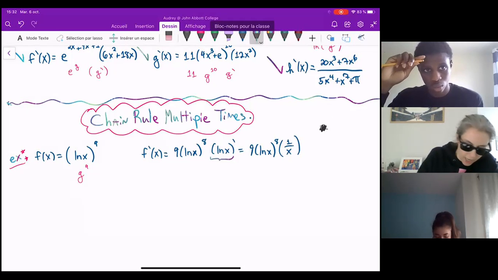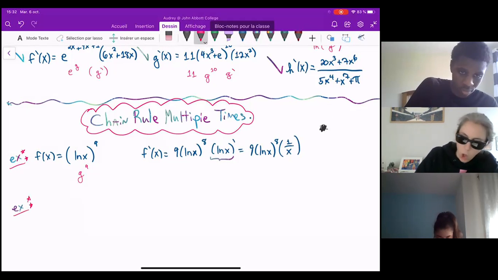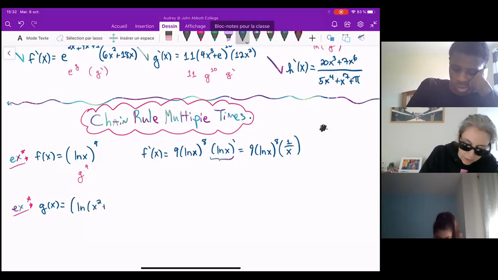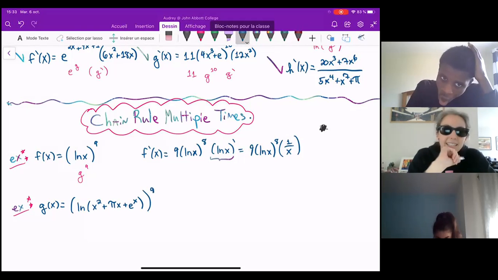Okay, let's change this up just a little bit. Let's say that instead of having ln x on the inside there, I have ln of x squared plus pi x plus e to the x, all to the power of 9. Is this the same thing?